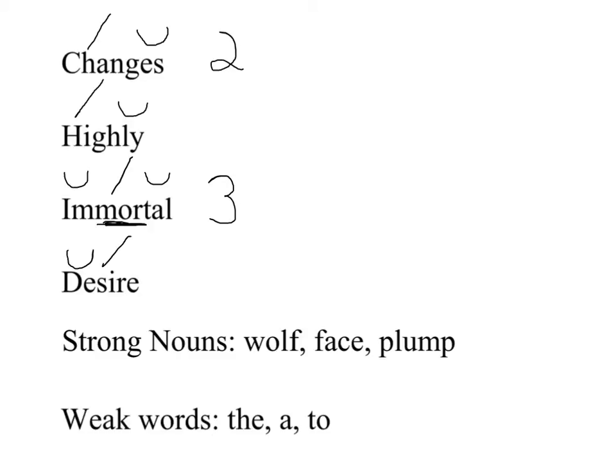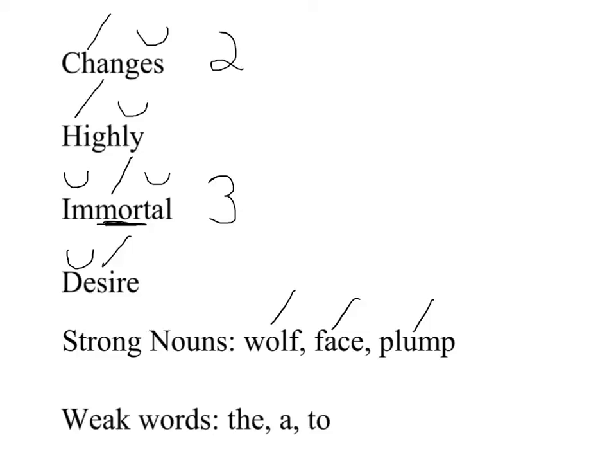Now, when you're faced with individual words or when you're looking at a sentence and you don't know where to begin to scan the meter, you want to look for strong nouns or even strong verbs. Words like wolf, face, plump are usually stressed. Now there's always exceptions to the rules, but generally if you have an individual word that is strong, it's stressed.